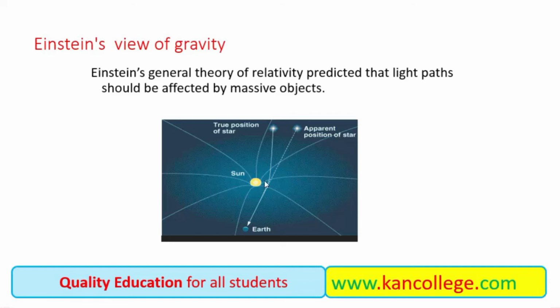It means that if there is a heavy mass, then the light will not travel in a straight line near the heavy mass, but it will change direction and move in a curved path. For example, if light is coming from the sun to the earth, then the light changes its direction because of the heavy mass in the vicinity of the path of the light.